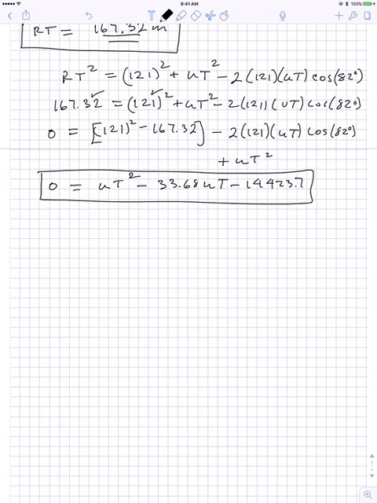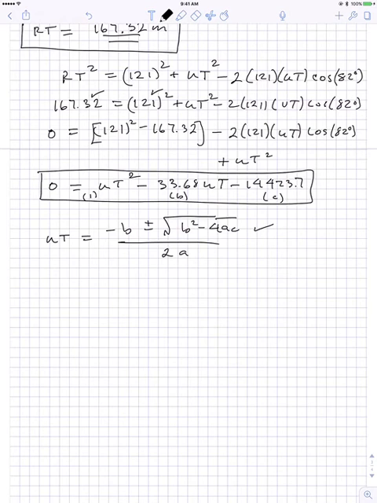So from there, you're supposed to remember the solution of the quadratic equation. A is 1, B is minus 33.68, and C is minus 14,423.7. We plug into the quadratic equation, and that would give us the roots, the values for UT.